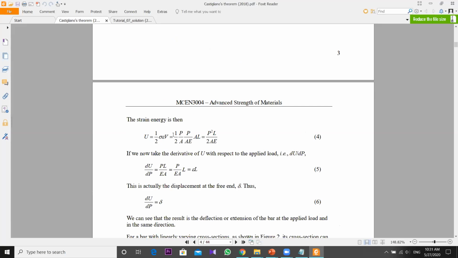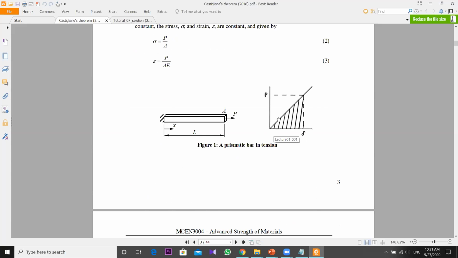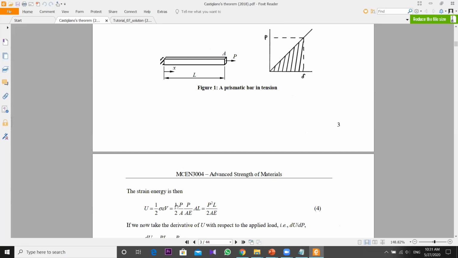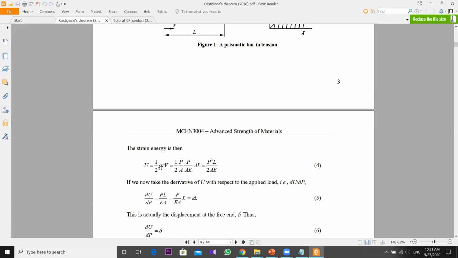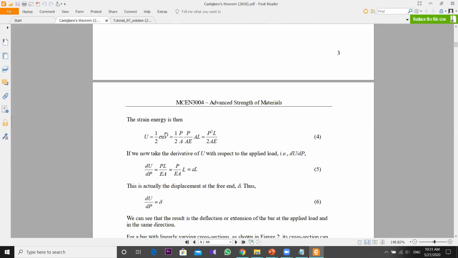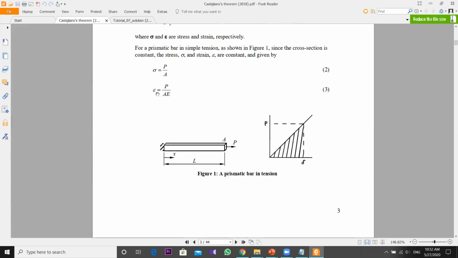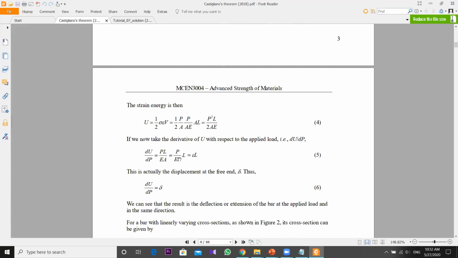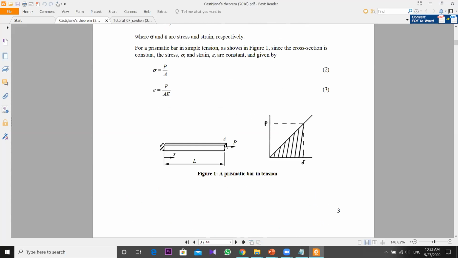Here we are not going to introduce integration, because we can do it in a simple manner. Sigma equals P divided by A, and epsilon we already read down, and the volume is the cross-section times the length.